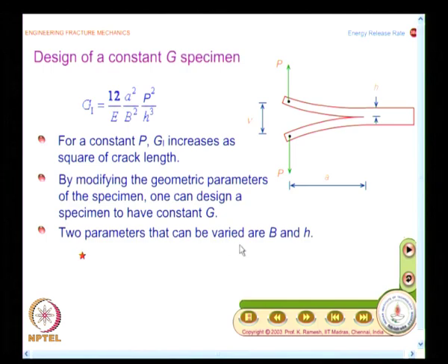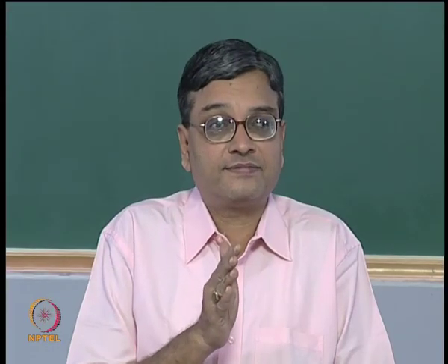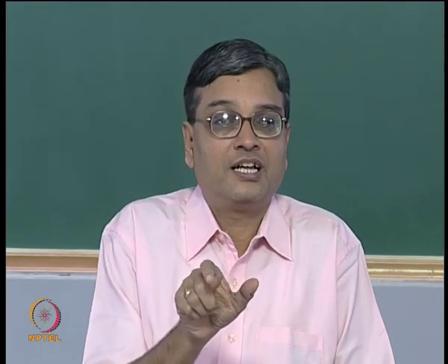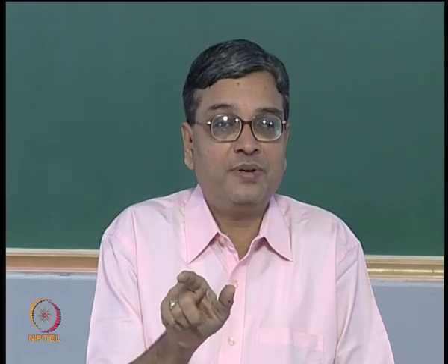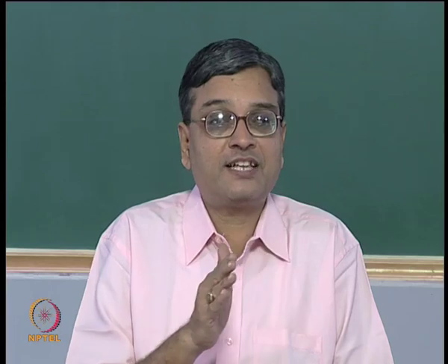Suppose I vary the thickness, what would happen? You have a thickness that keeps on increasing along the length of the specimen. Then what would happen? We have been emphasizing that fracture mechanics is holistic: it gives you certain recommendations for thin specimens, and another set of recommendations for thick specimens.